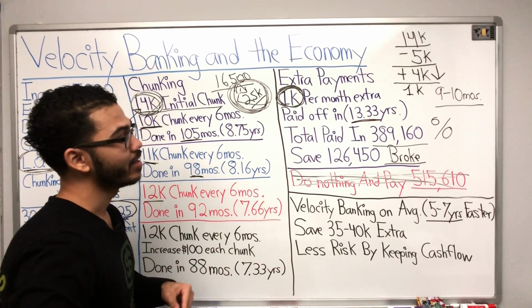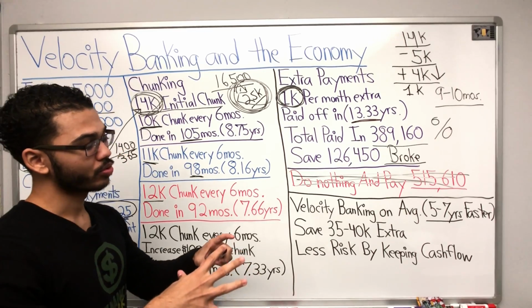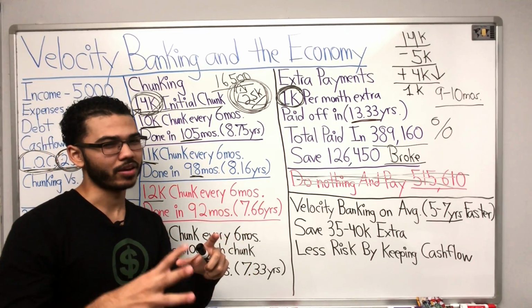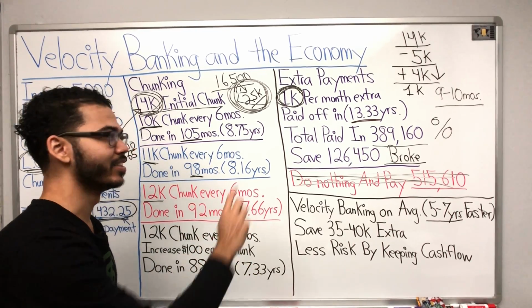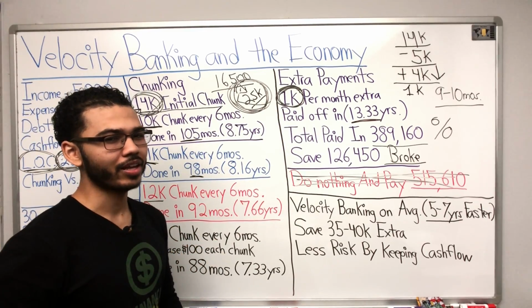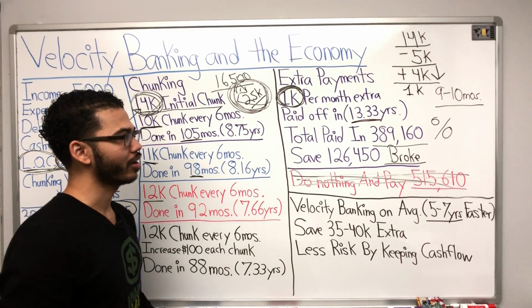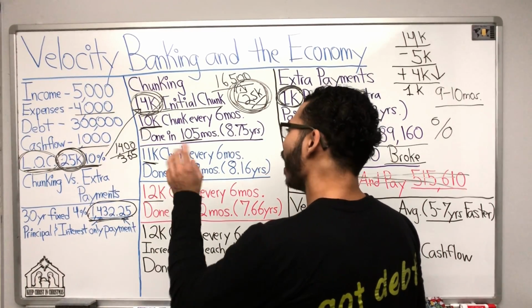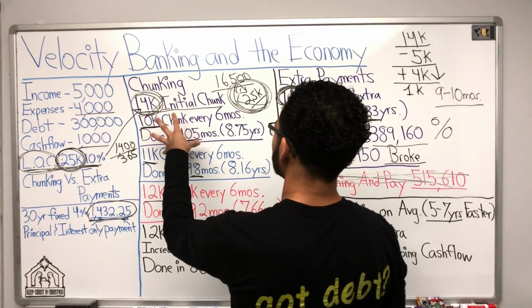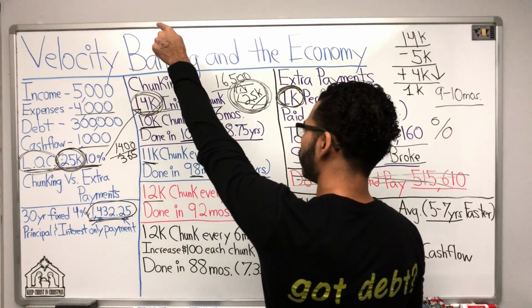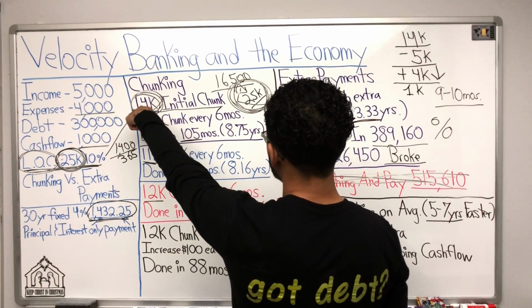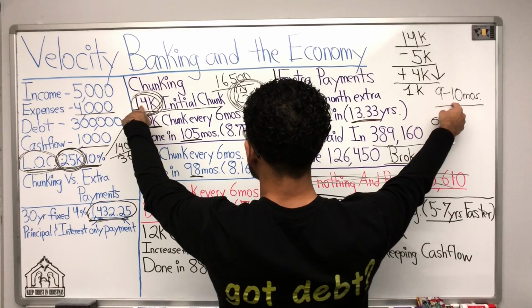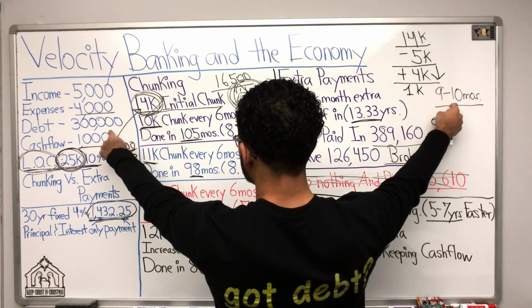Not bad at all. Now, here's where the debate occurs, where it's like, Denzel, that's not fair. Hey, life's not fair. Okay? You're like, wait. That's not fair, because how is this person able to do a $14,000 chunk in the beginning and have it done in 9 to 10 months if the cash flow is only $1,000?